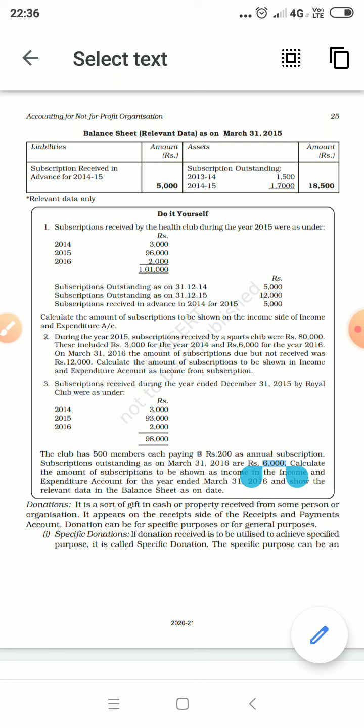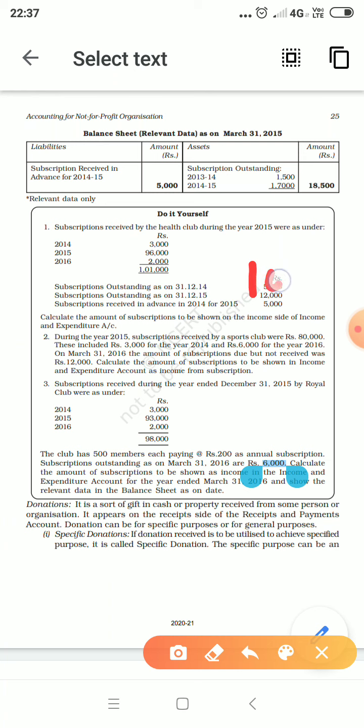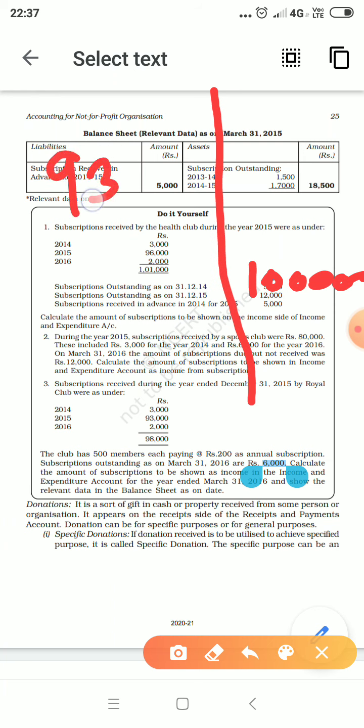So how your sum should appear? 1 lakh in the outer column. That is 1 lakh. Okay. In the inner column, 93,000. From here, 93,000 plus current year's outstanding.